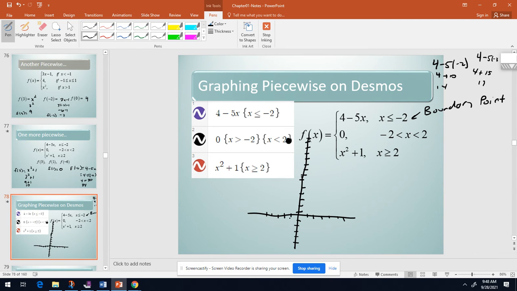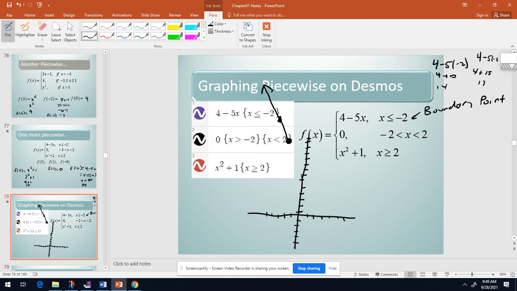So I would go over to -3, and go up to 19, and that graph is going to look something like this. It's a piece of a line. It starts at this value, and it goes forever and ever to all the values that are less than -2.